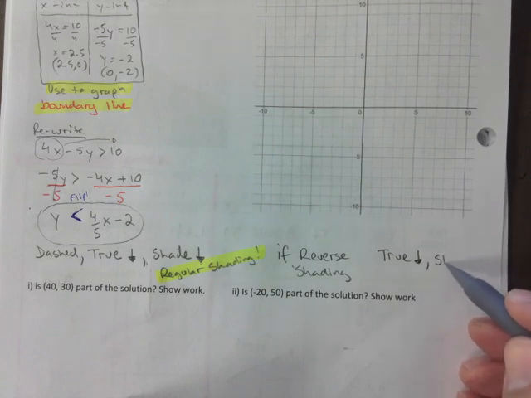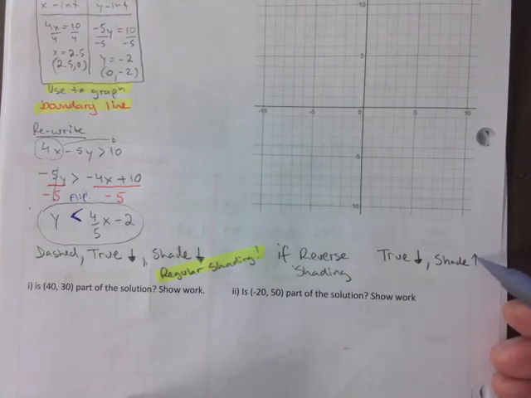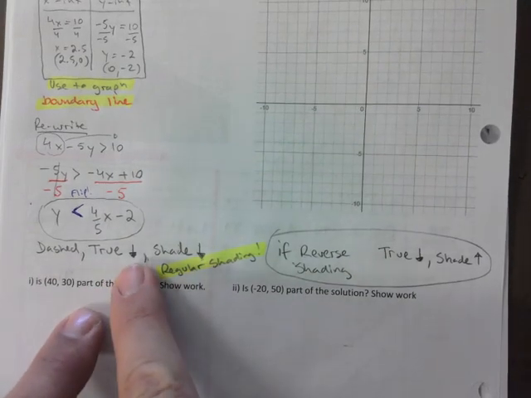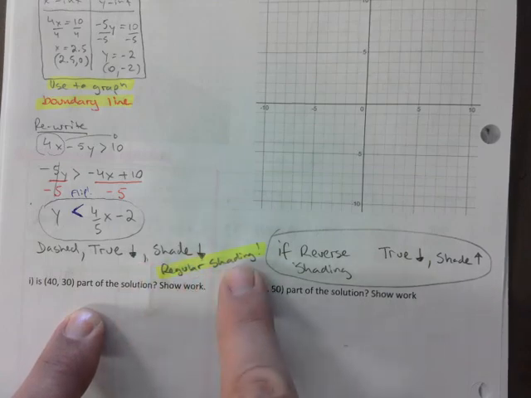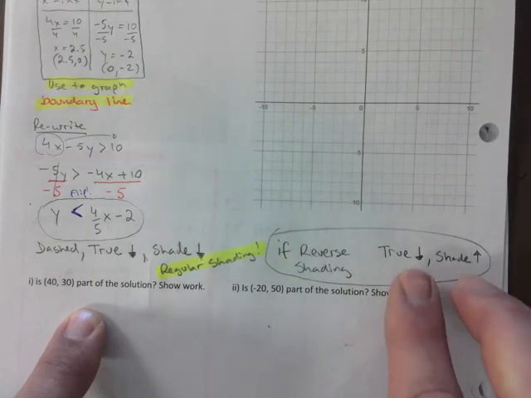Where would we shade though? Above. It's exact opposite. Okay? So I will just have this on the side for you to look at. If you review this, you're like, oh, we're shading the same where the true is because we're using regular shading. If I ever ask you to use reverse shading, you do the exact opposite.